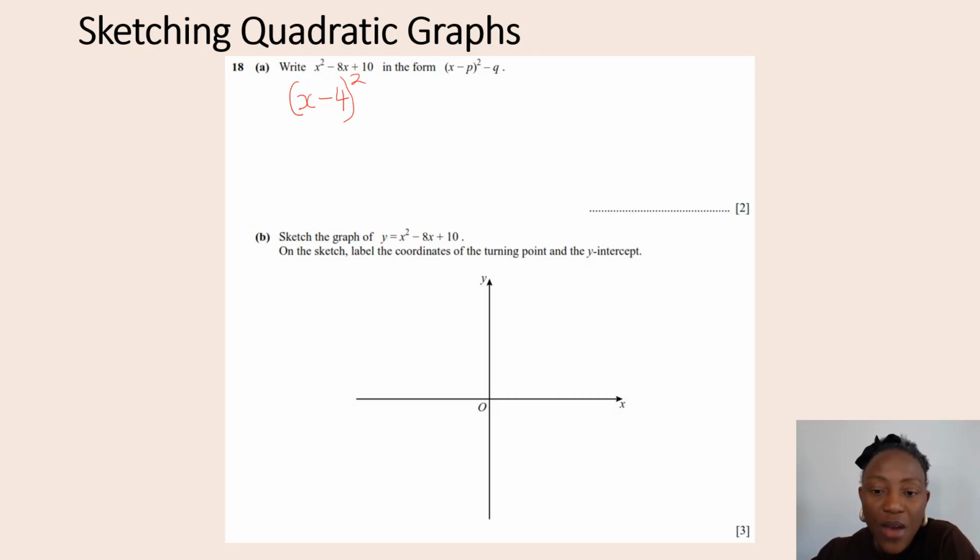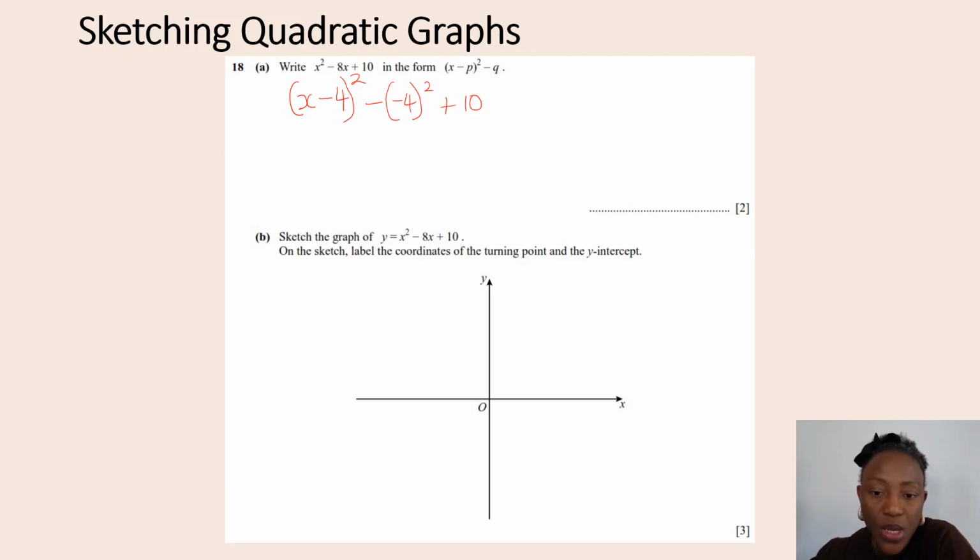Now, whatever we have in the bracket, we're going to subtract its square from this term. So we're going to have minus 4 squared plus 10. That's it. Let me go over that again. You halve this number and then you subtract its square outside of the brackets.